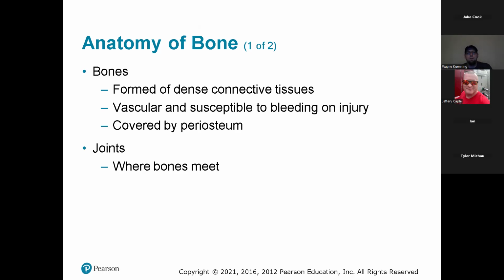The downside is bones are very vascular. They have a lot of arteries and veins going in and out of them, and they're susceptible to bleeding with injury. Bones actually bleed.